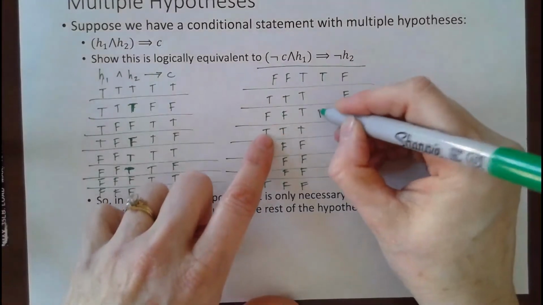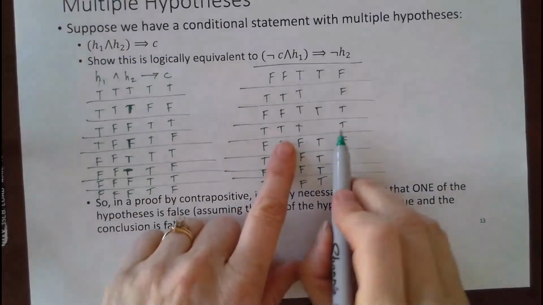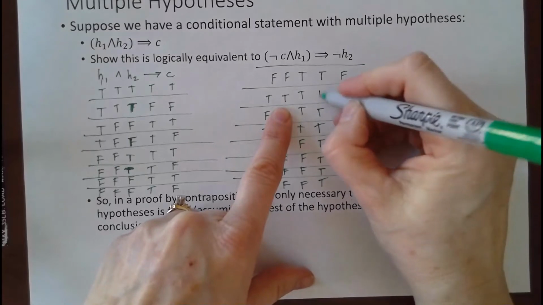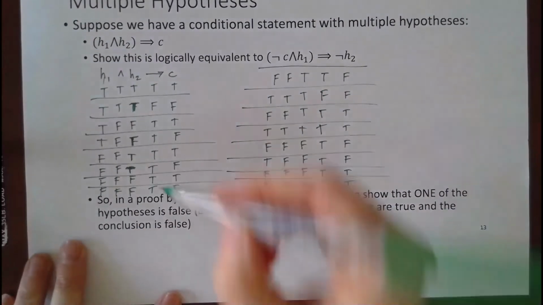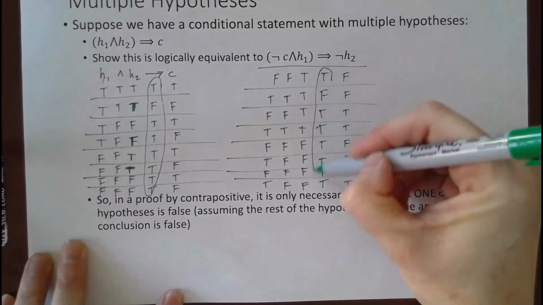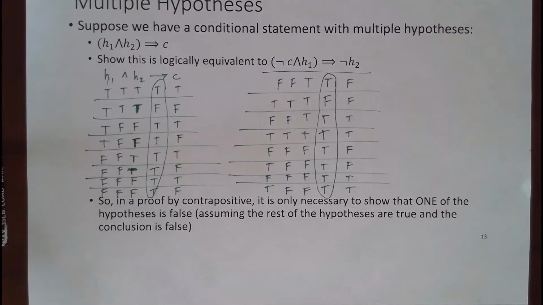So all of those falses are going to give us trues. Okay, so true implies true is true. True implies false is the only place we'll get false. Okay, so if you look at this one right here and this one right here, they are exactly the same. Okay, they are logically equivalent.